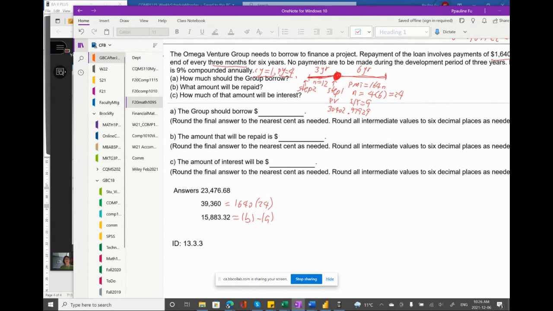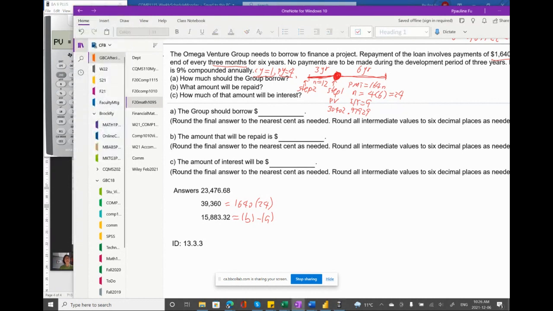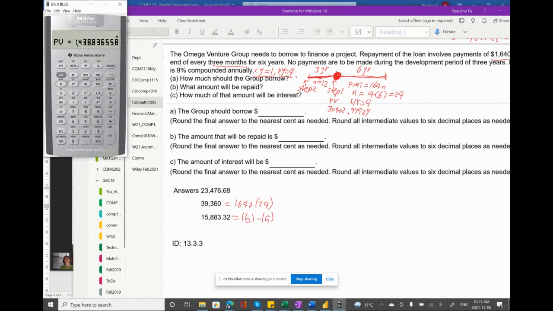Okay, let's do step 1. What is the present value at the beginning of this annuity? Make sure P/Y equal to 4. Second P/Y, 4. Enter. Down arrow key. C/Y is 1. Enter. Second quit.